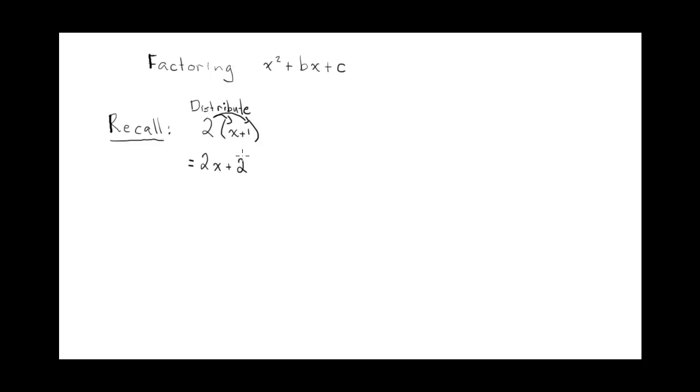And then when we had to factor, we'd have to go in reverse. So when you factored, originally you'd be given something like 2x plus 2, and you'd be asked to go backwards.